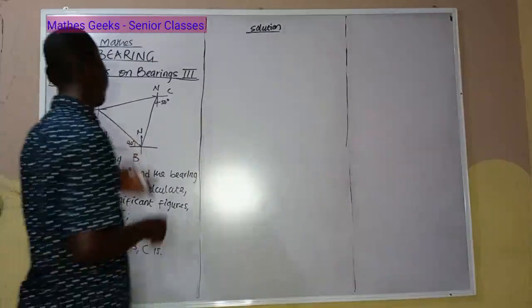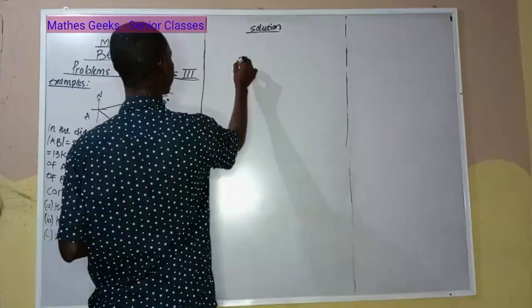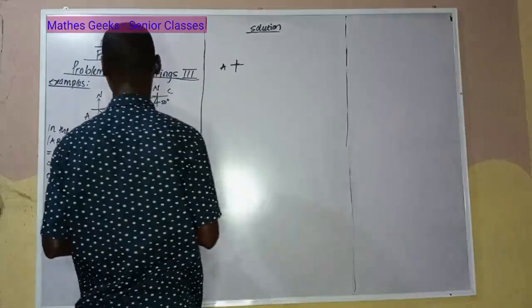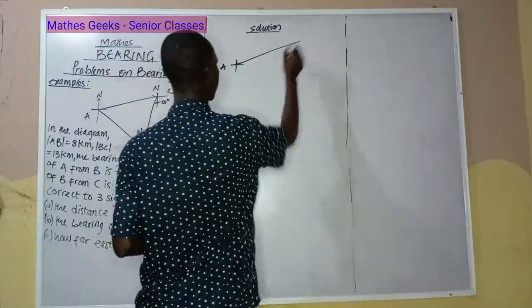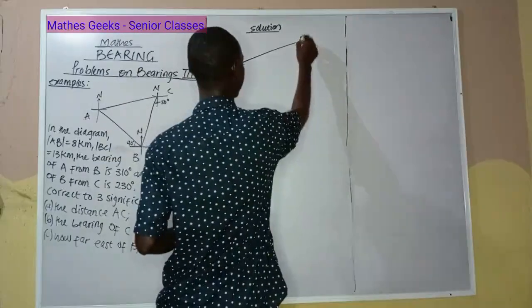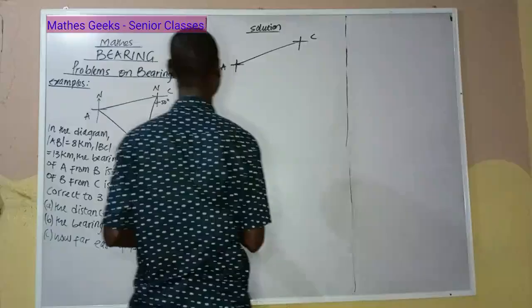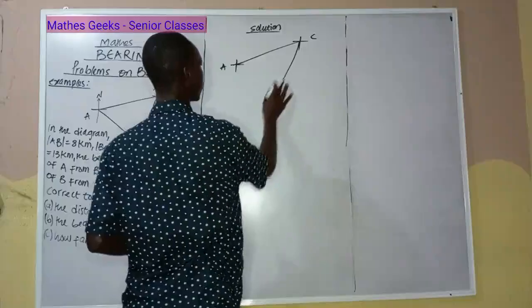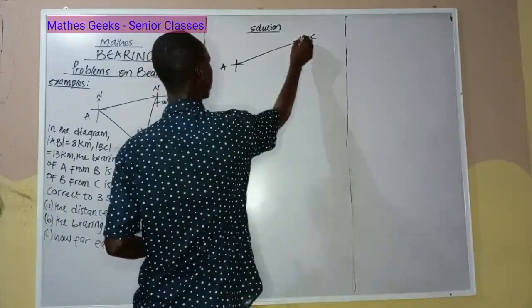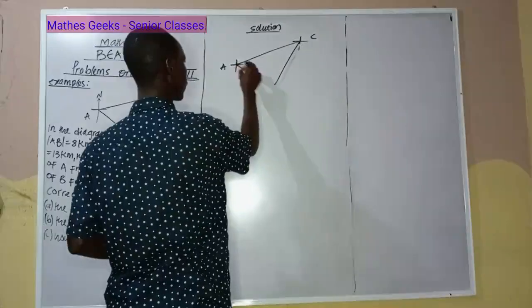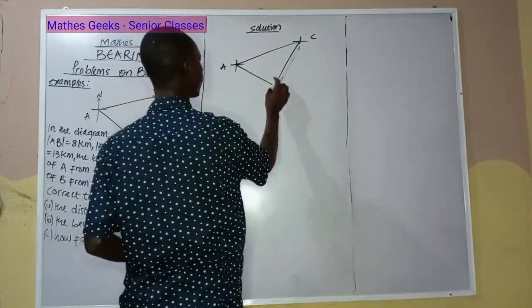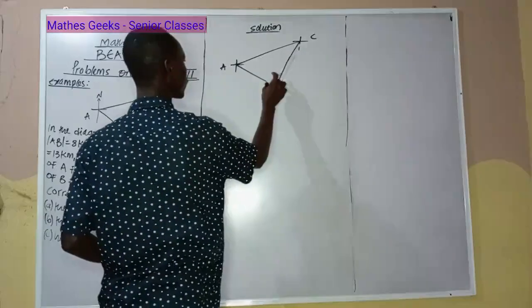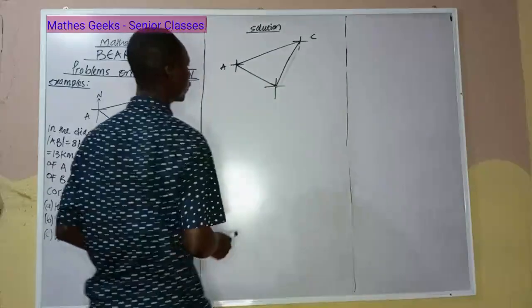So let's work with this diagram. We have point A, and it's pointing this way. Then this is point C, and on C we have this. Okay.